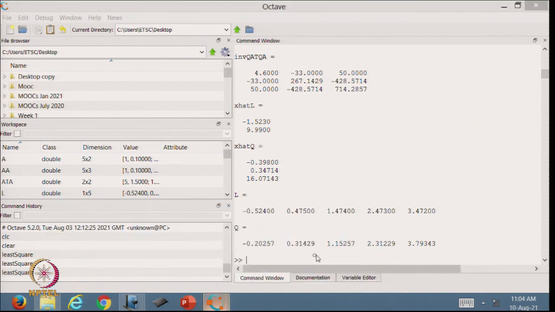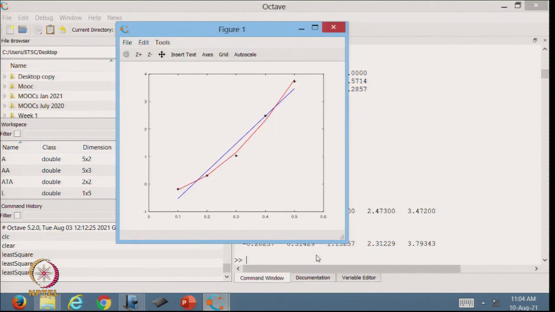And if we see this, now this is the corresponding plot. Now you can see that these star points are there. The line in blue color is the best fit, and it is going close to all these 5 points, and the red one is the quadratic.